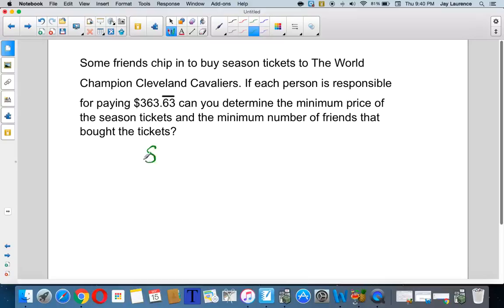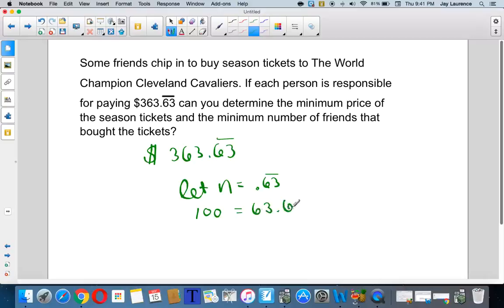So we have this number here, $363.63 repeating. I'm going to convert the decimal part of it into a fraction. I'm going to let n equal 63 hundredths repeating. I'm going to multiply by 100, and I'm going to get 63 and 63 hundredths repeating.